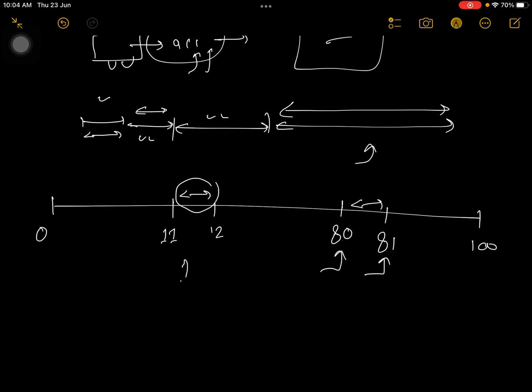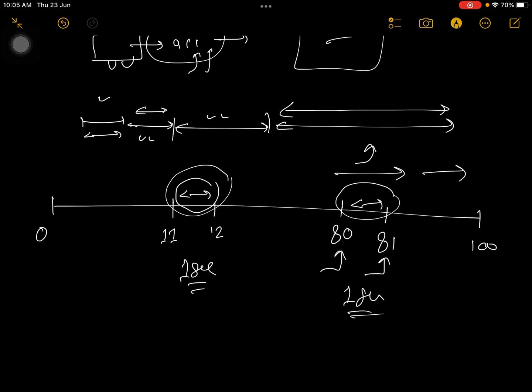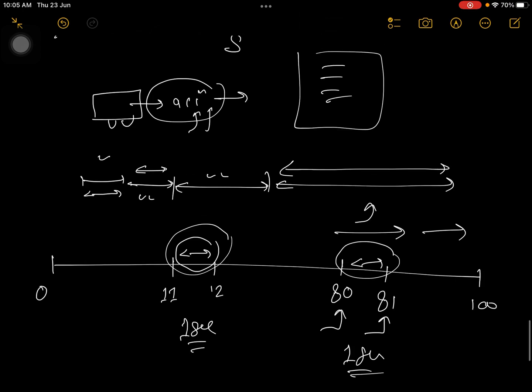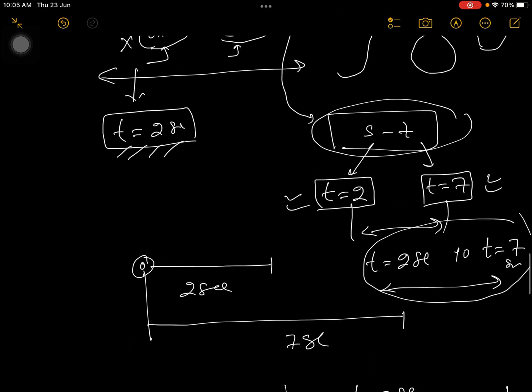See, here also the time gap is 1 second, here also the time gap is 1 second, but do you think this distance and this distance will be the same? No, they will not be the same, because the body is accelerating, and if the object is accelerating, then when time increases, speed will increase, so the distance covered will increase, right? That's why here also you think in this way.